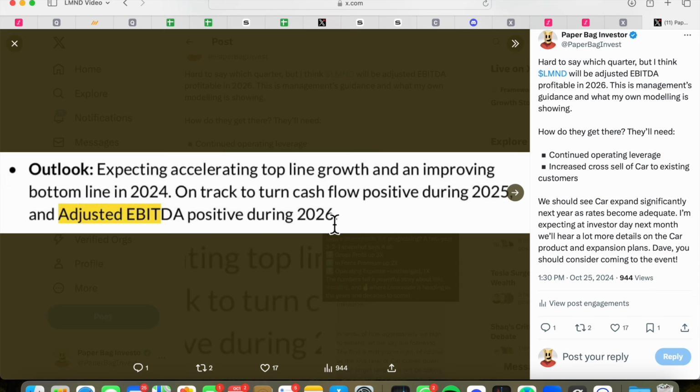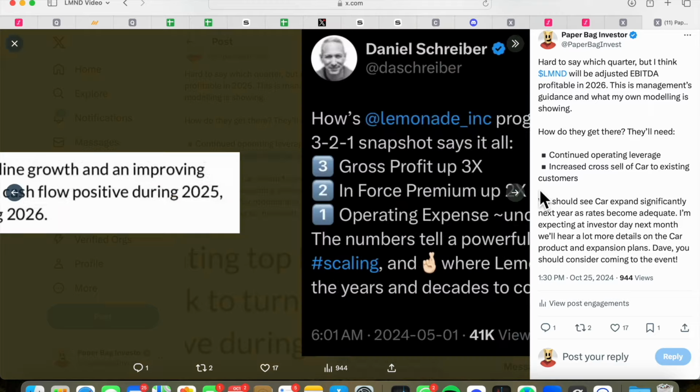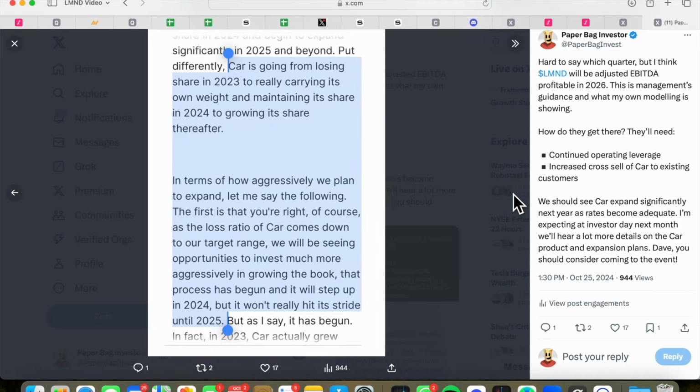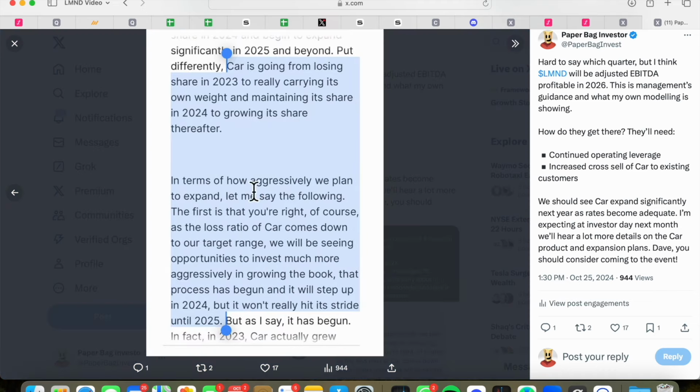And then on top of that, this was from May of this year, where Daniel Schreiber pointed out, over the last 2 years, gross profits of 3x, in-force premium 2x, operating expenses roughly unchanged. And I think we'll continue to see that operating leverage for Lemonade as they grow. And then he said this multiple times. He said it in my last interview with Daniel, but he's also said this in a reply to one of my Say questions.